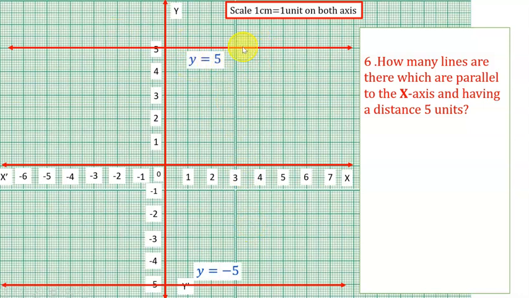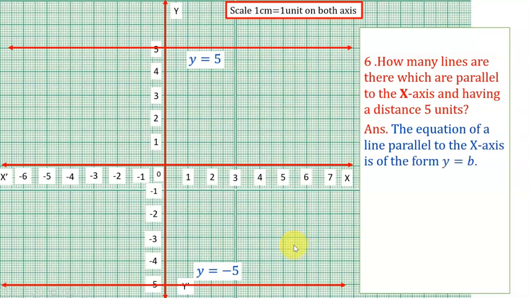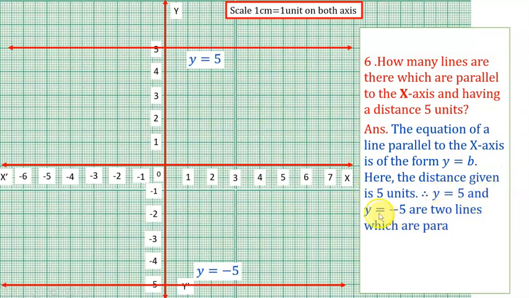This is the equation of this line, y is equal to 5, and y is equal to -5. The equation of a line parallel to the x-axis is of the form y is equal to b. The distance given here is 5 units. Therefore, above the x-axis y is equal to 5, and below the x-axis y is equal to -5 are the two lines which are parallel to the x-axis.